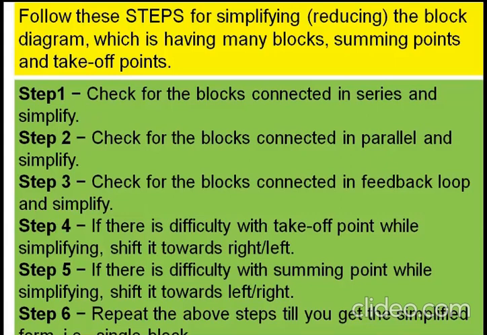Hence, in that situation, you use step number 4 and 5. That is, you rearrange the position of the summing point or takeoff point towards the left side or right side of a particular block to make the blocks a combination of series or parallel or feedback. This is the whole summary of what you need to follow to solve the problems.